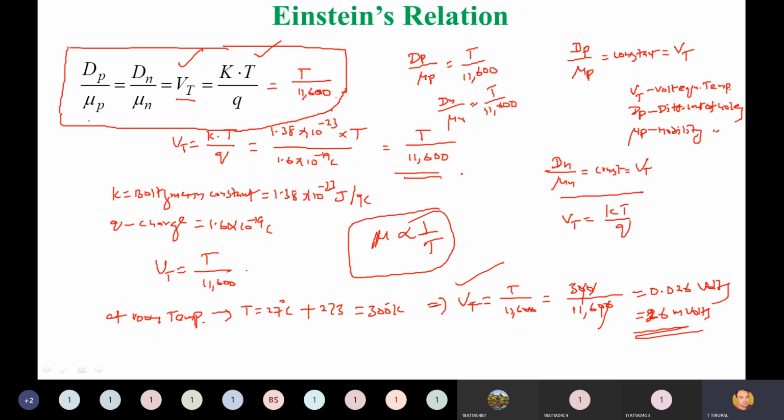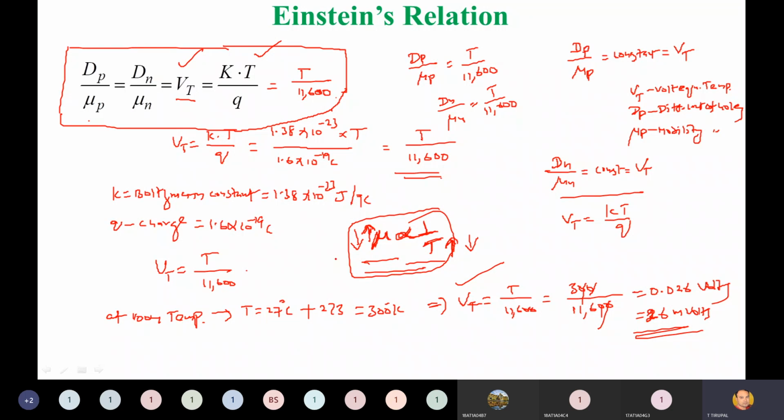Diffusion constant is a constant and it is directly proportional to temperature, but here mobility is depending on a value, so therefore mu is inversely proportional to temperature. As temperature rises, mobility decreases. Temperature decreases, mobility increases.